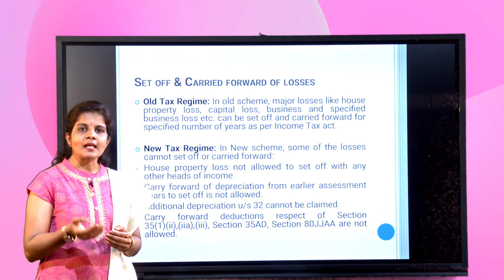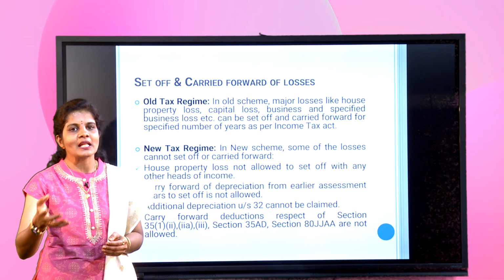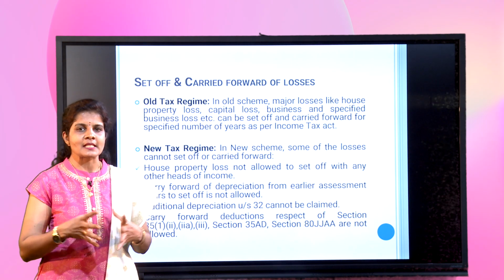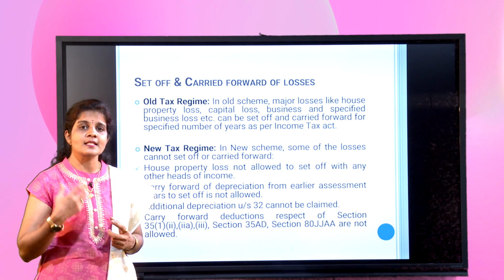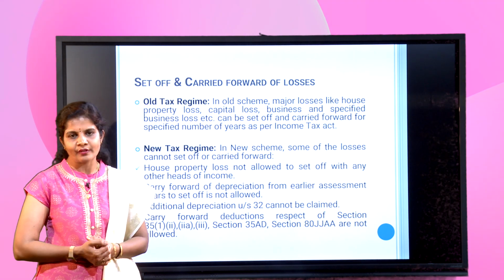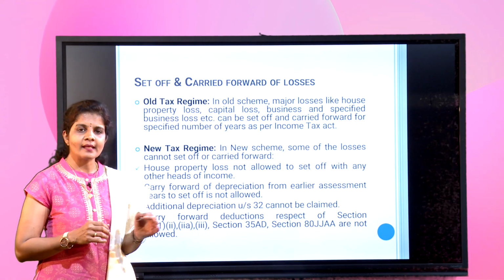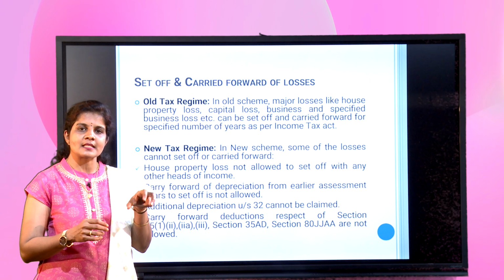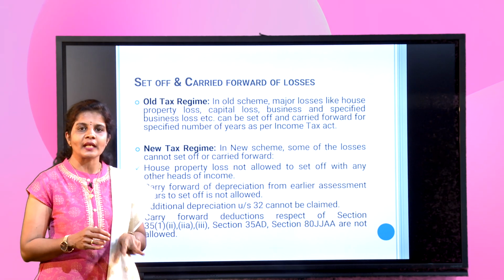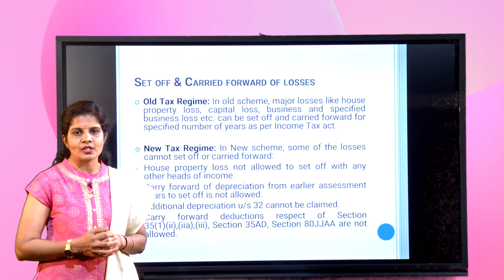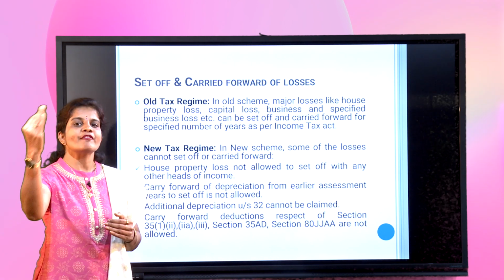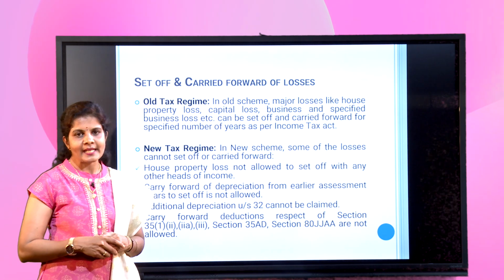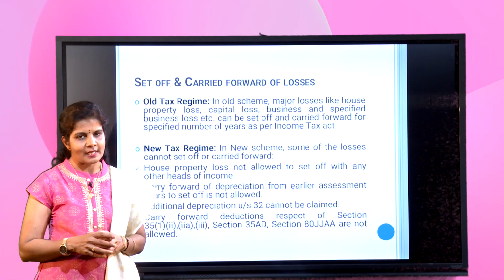Adjustment can be done within the head or between the heads, which we will discuss when we do set off and carry forward of losses. But if the set off or adjustment is not allowable in the current financial year, then it can be carried forward to the next financial year and can be set off there also.